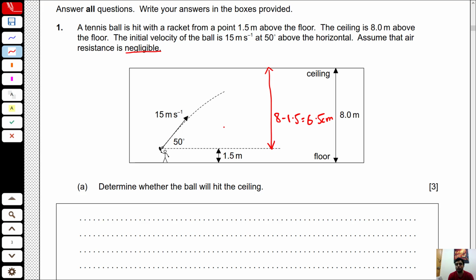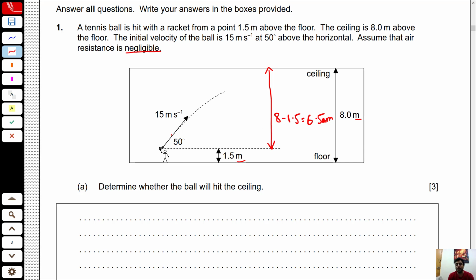If the ball travels a vertical distance longer than 6.5 meter, it's not centimeter, sorry, it's meter. Everything is in meters, so ignore centimeter here. So the available distance to us is 6.5 meter.